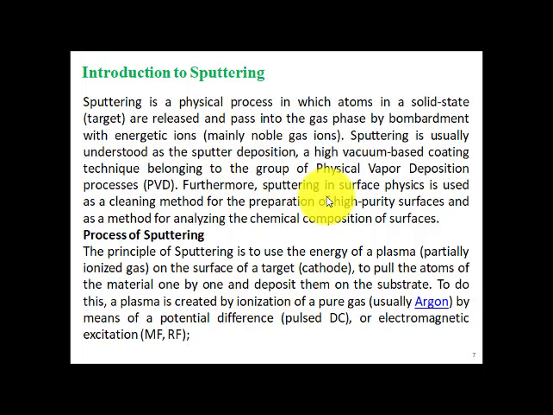Furthermore, sputtering in surface physics is used as a cleaning method for the preparation of high purity surfaces and as a method for analyzing the chemical composition of the surface. In the sputtering process we simply release atoms from the surface of a source material.